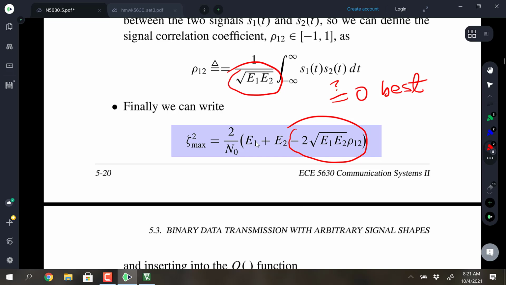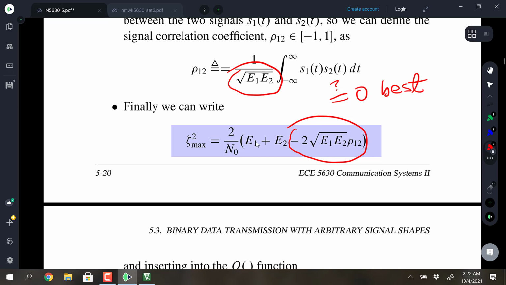Since zeta squared is like a distance between S1 and S2 in an abstract vector space, okay? We do abstract vector spaces more in the next chapter, but because we have E1 plus E2, which can't change, I mean, they each have a respective energy. So because we have a minus sign in there, what does that tell us?